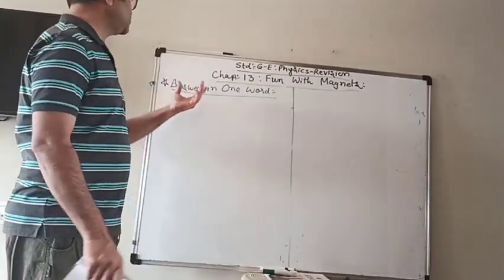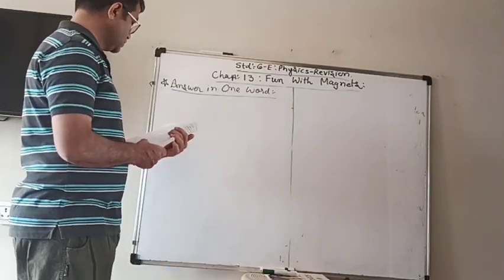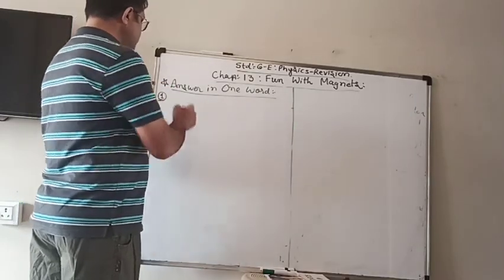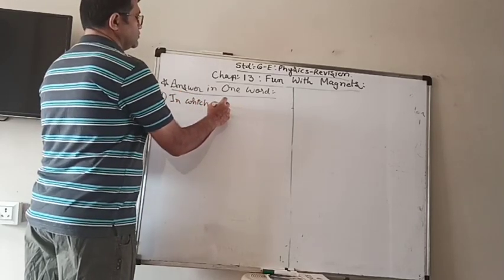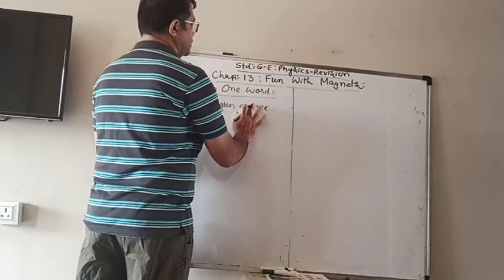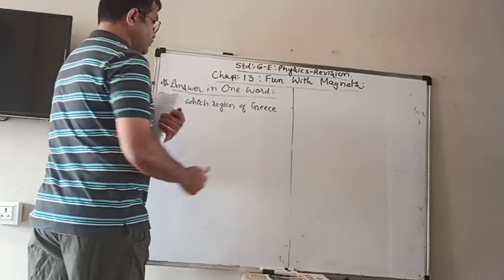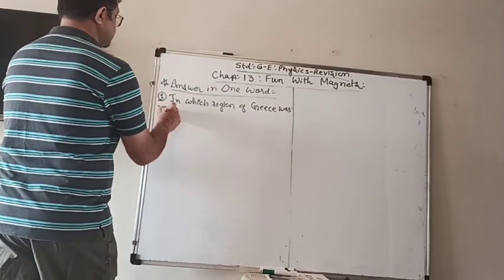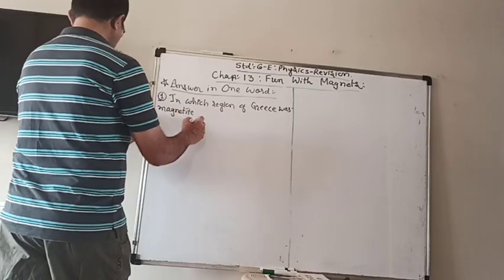Now we are going to take some questions whose answer can be in one word. Number 1. In which region of Greece was magnetite found in the beginning?